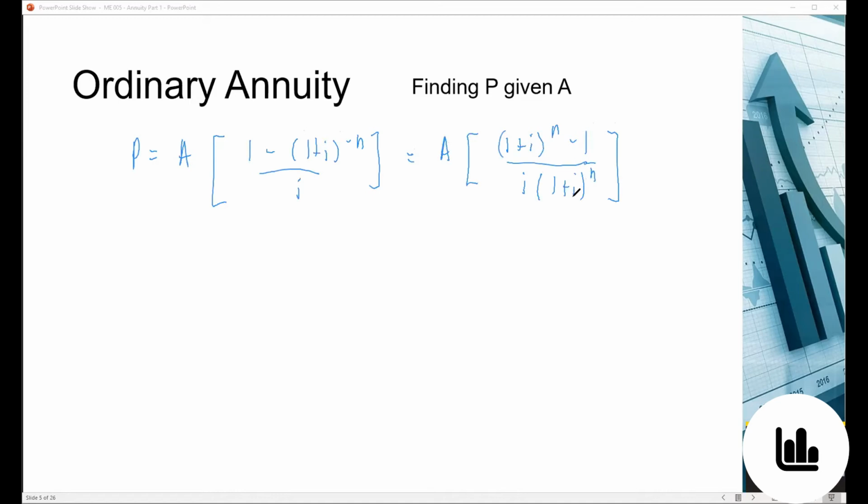Okay? So this, itong quantity na nasa bracket, itong factor, we can call this the uniform series present worth factor.